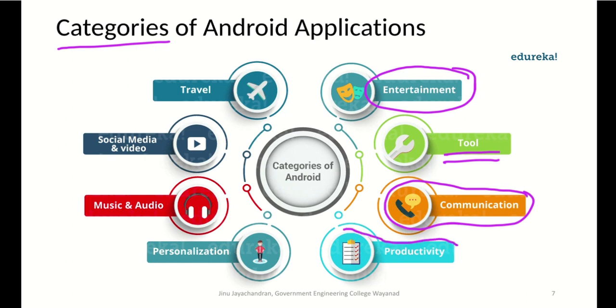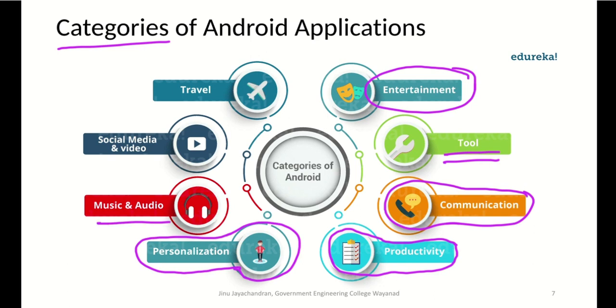Productivity, like Microsoft Office, those things are called productivity. You can have Word, Excel, etc. in your Android. And you can have personalization, like if you want to make your Android phone have good wallpapers, good backgrounds, you can do that.